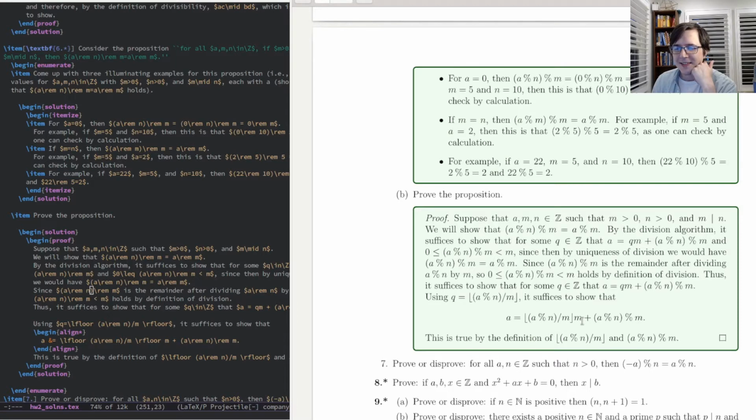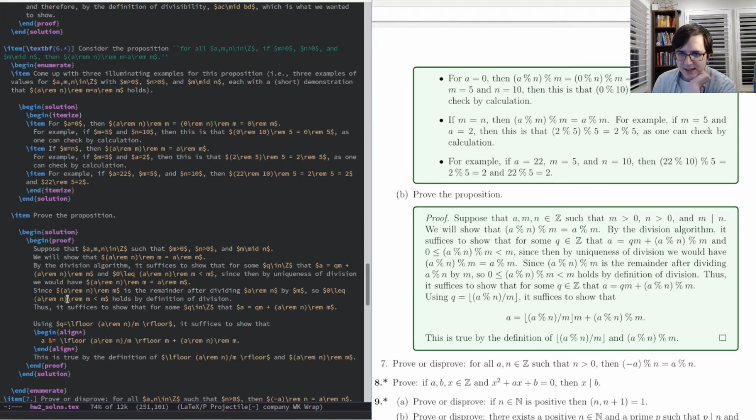Because this is not the definition. Okay, let's try this again. So we still need to find that q.